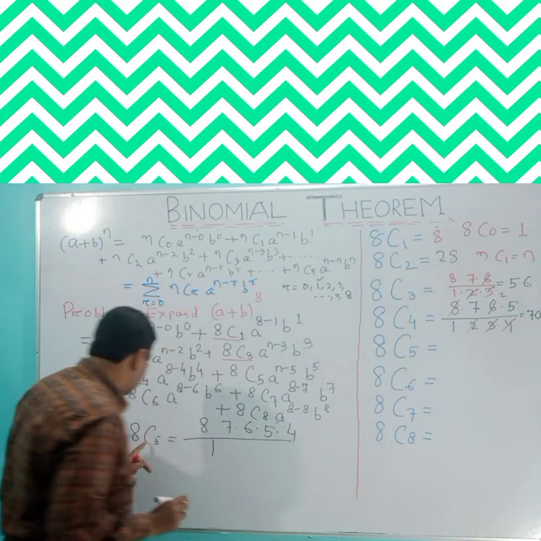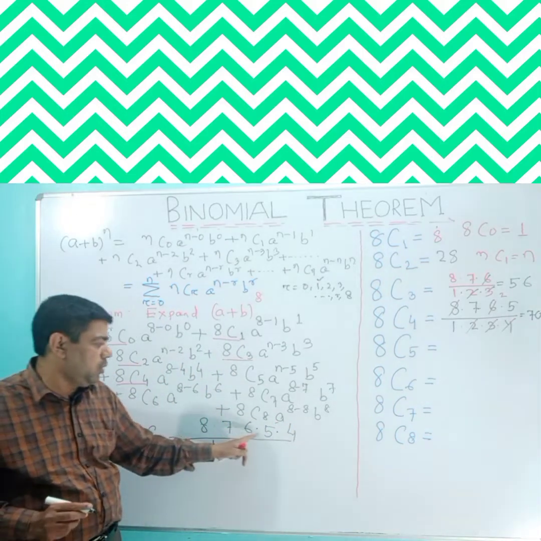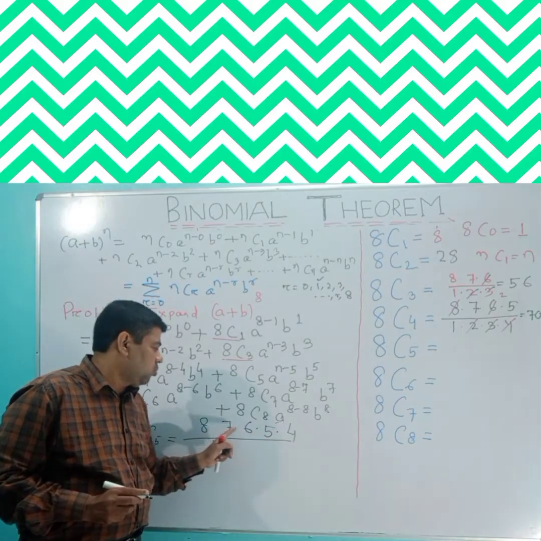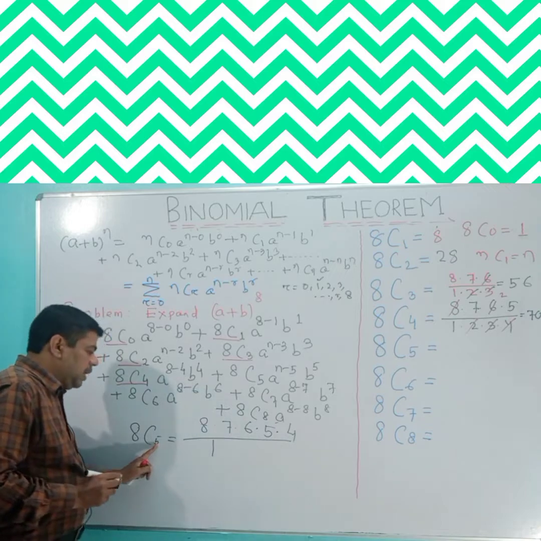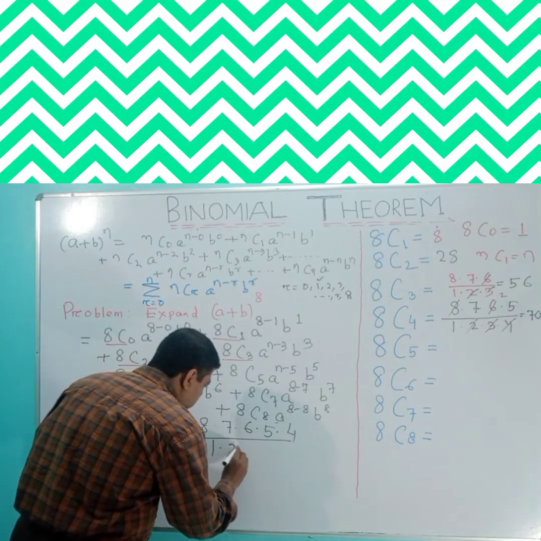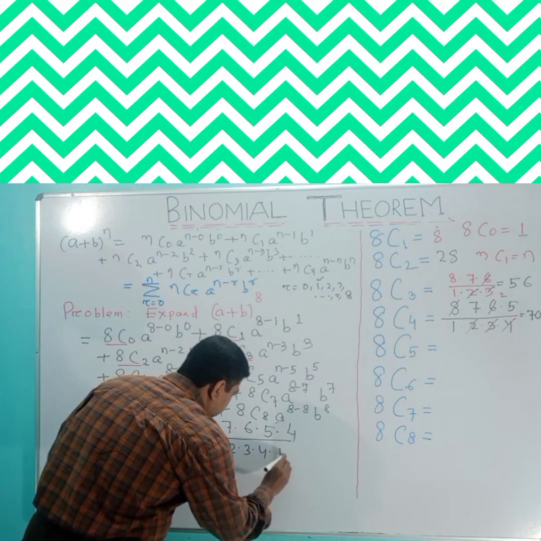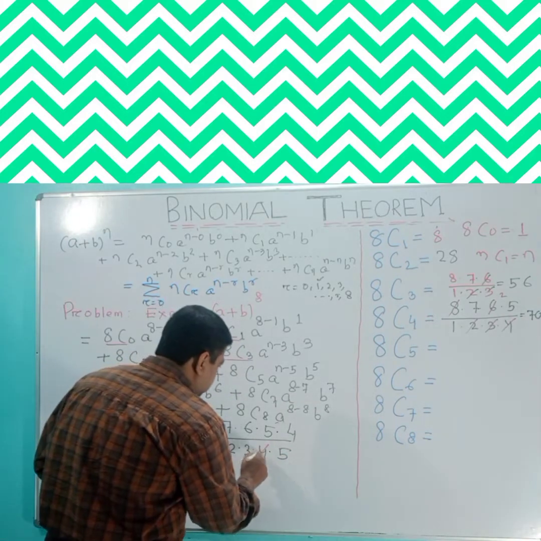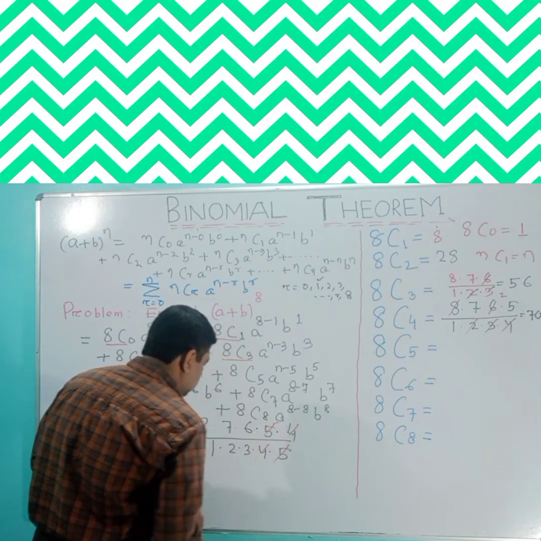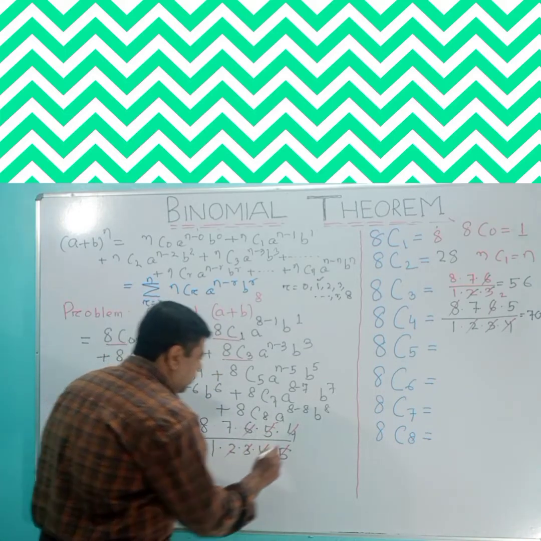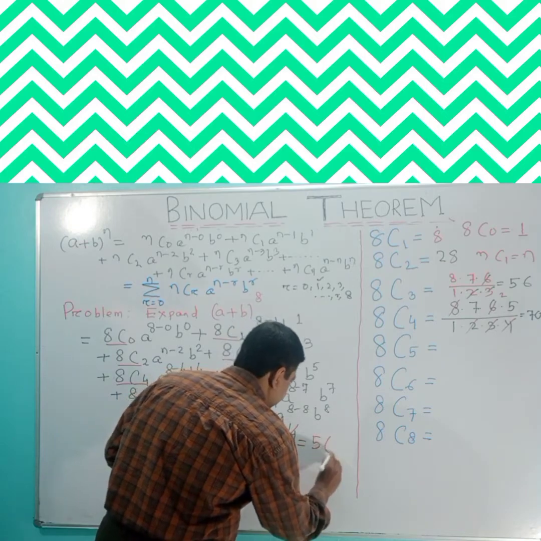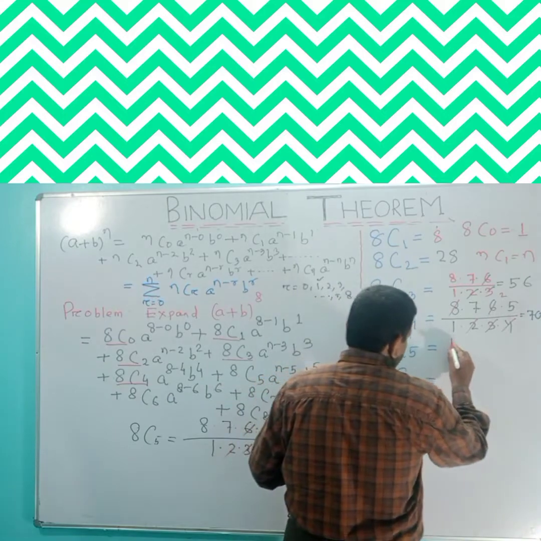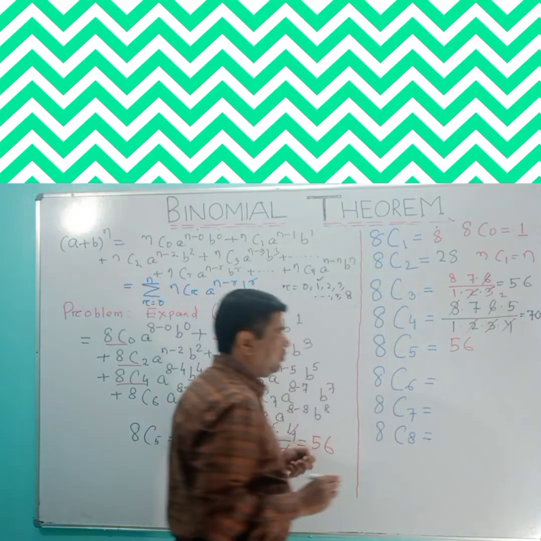How many times? 5 times. 1, 2, 3, 4, 5. 8 into 7 into 6 into 5 into 4, because the number is 5 here. Similarly, 1 into 2 into 3 into 4 into 5. Right? So you can cancel here. After cancellation, 4 and 4 cancel, 5 is cancelled, 3 twos are cancelled. After cancellation, it will be 56. Is it clear? So this value is 56. Okay.